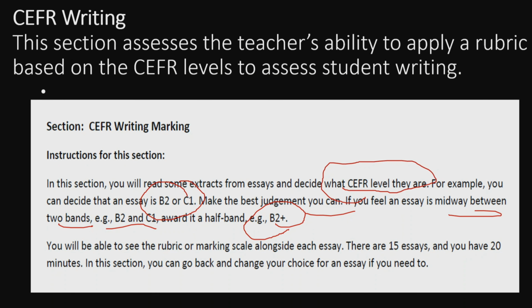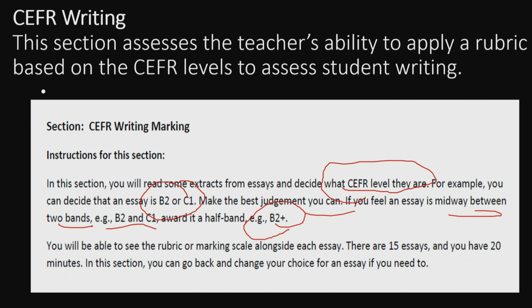So what you can do is keep a midway level also in mind, and let me tell you that sometimes you are lucky, which has been called for the cycle 2 exam, then they give you the CEFR descriptors on the left hand side. You can see all the descriptors along with the essays and write. But if you're appearing for the cycle 3 exam, then those descriptors are not given. You have to memorize them.